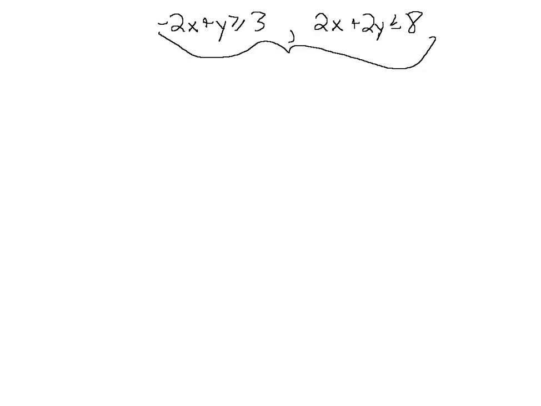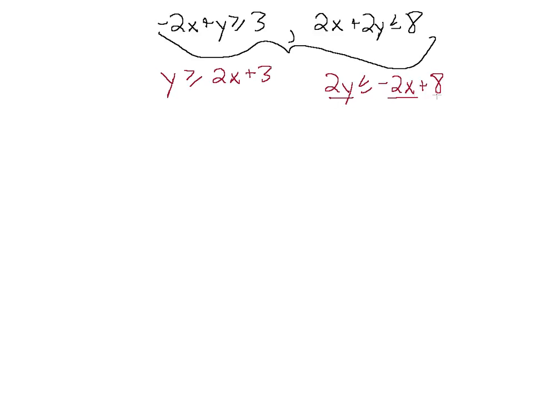So let's go ahead and solve for y so we can get them both in slope-intercept form. If we add 2x to both sides here, we'll get y is greater than or equal to 2x plus 3. And if we subtract 2x from both sides here, we'll get 2y is less than or equal to minus 2x plus 8.